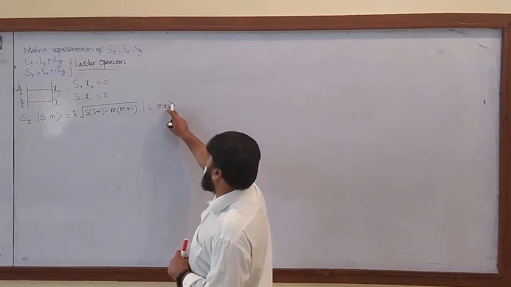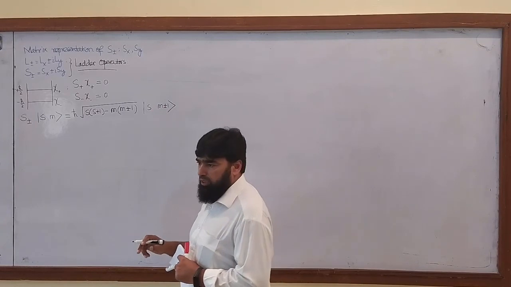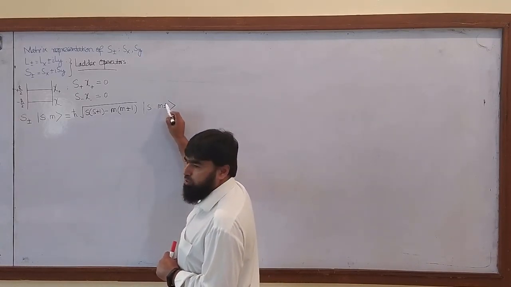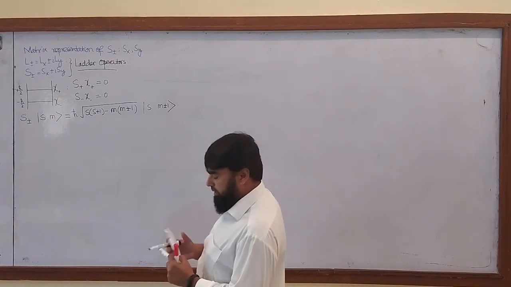You can write this in bracketed form as well, but we know that this is the spin and this is the orientation of that spin.